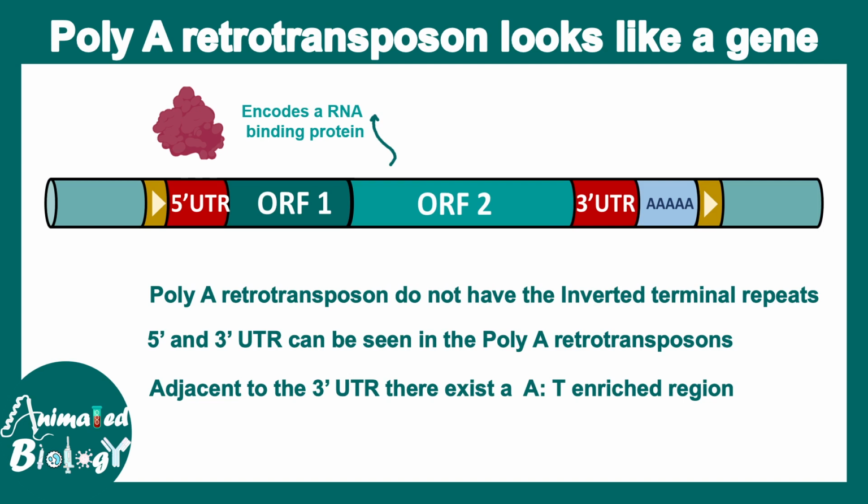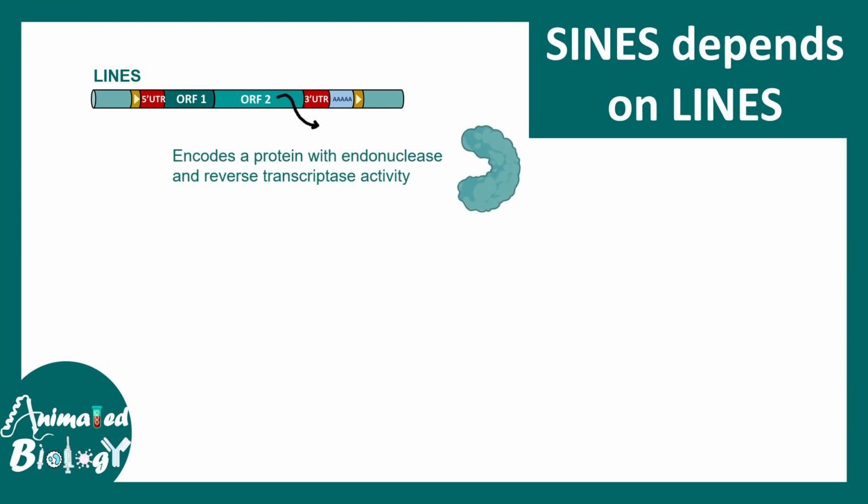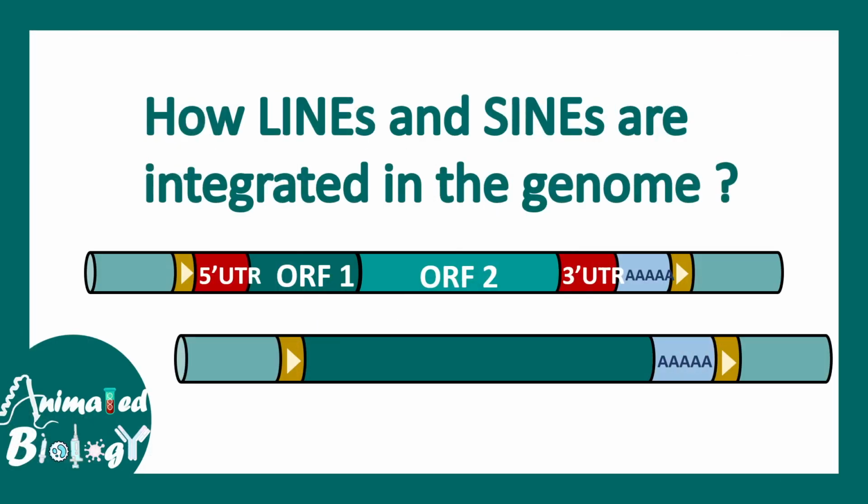Anyway, the ORF gives rise to two important proteins. One is an RNA binding protein, another encodes an endonuclease and reverse transcriptase kind of enzyme. So LINEs encode for this reverse transcriptase enzyme, which is used by the SINEs to hop from one location to another location. That's why SINEs are actually dependent on LINEs.